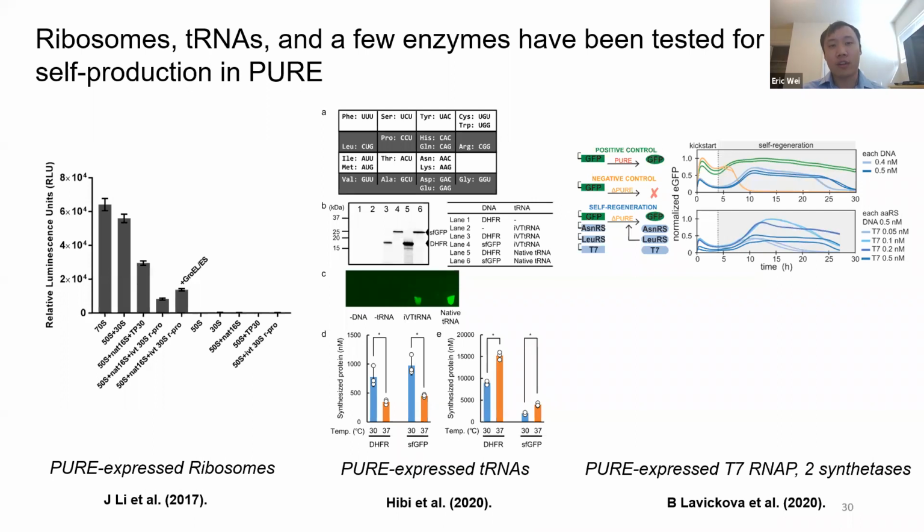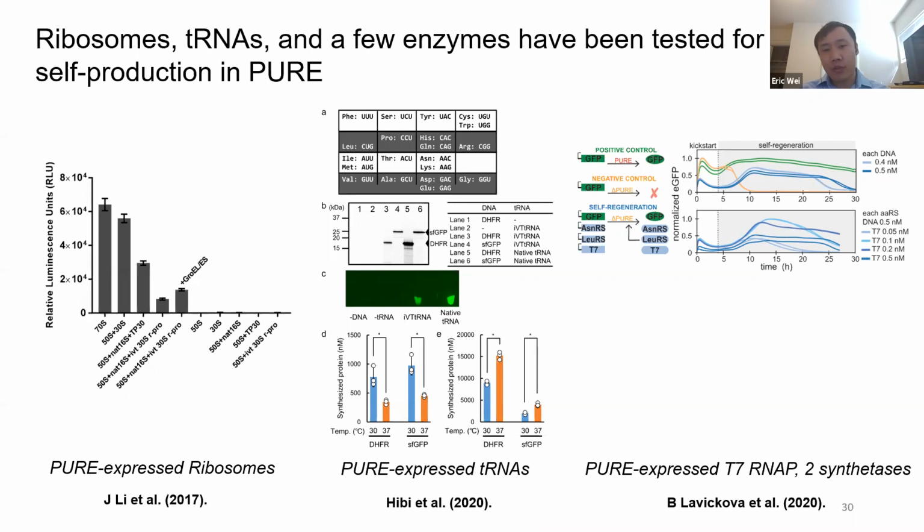If the system was able to produce the initial component, for example T7 RNA polymerase, they wanted to see if you could get regeneration of PURE expression using the missing component that was encoded by the component made by the system itself.